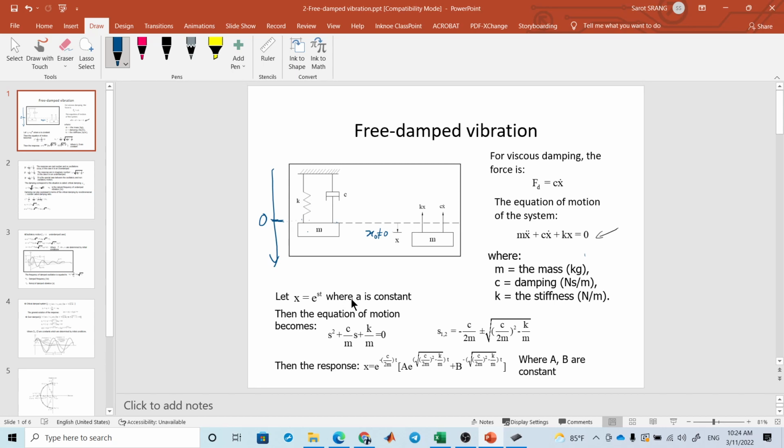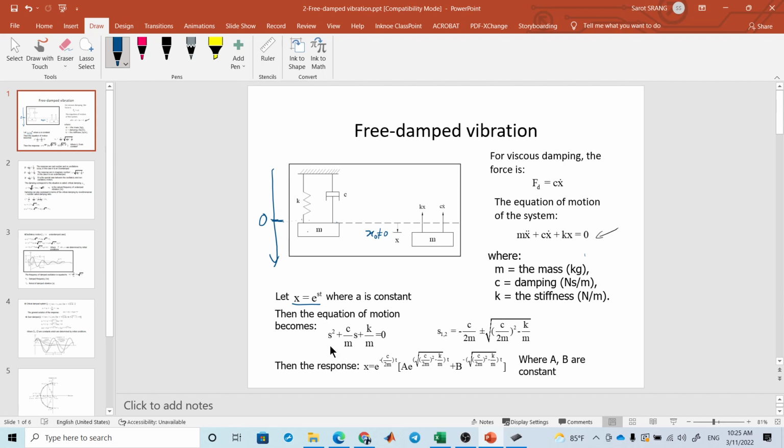The idea to find this solution is to assume that the solution is of exponential form, which has the same form for the first derivative, second derivative, and so on.